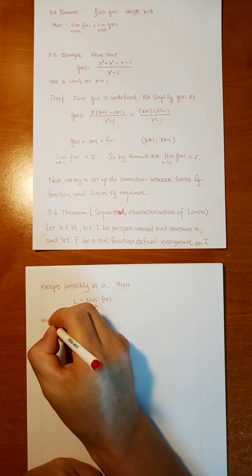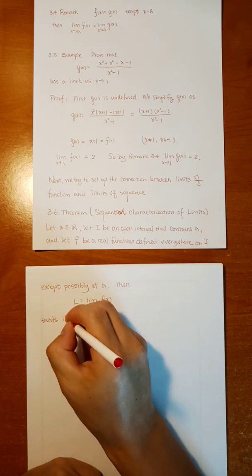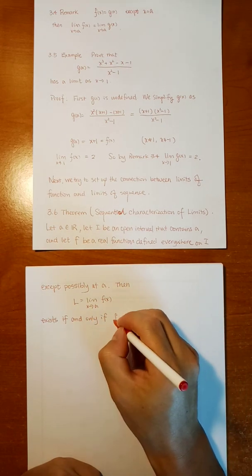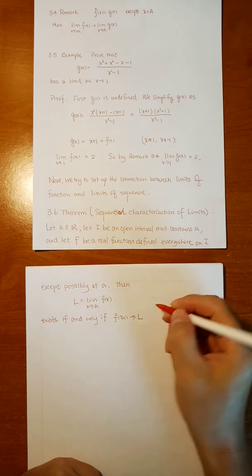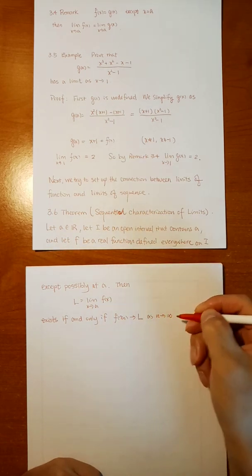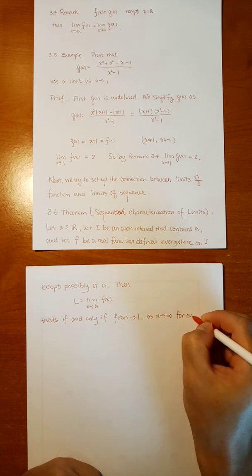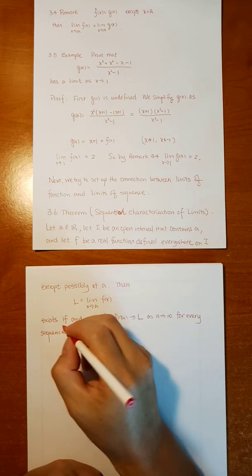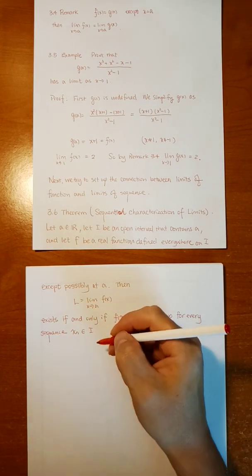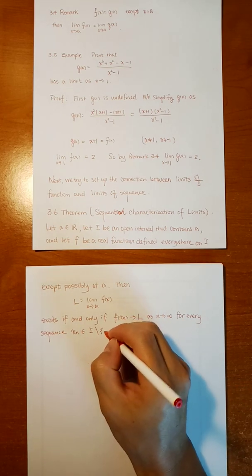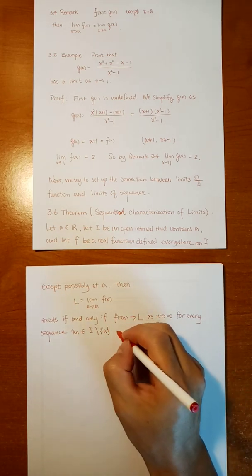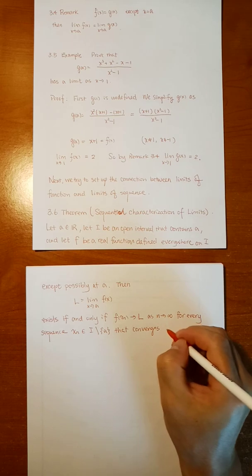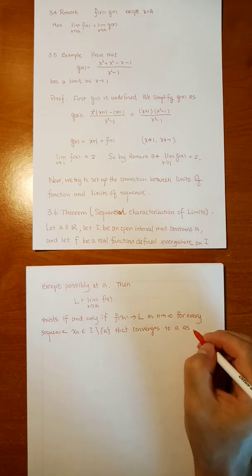This exists if and only if f of x_n approaches L as n approaches infinity for every sequence x_n inside this neighborhood excluding a that converges to a as n approaches infinity.